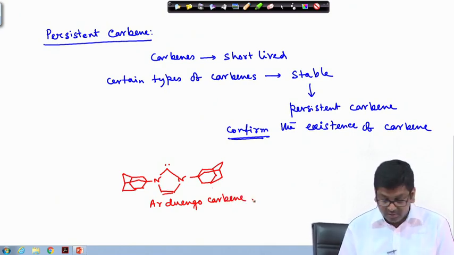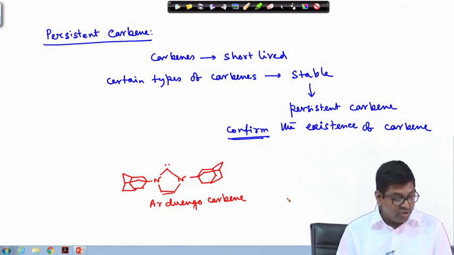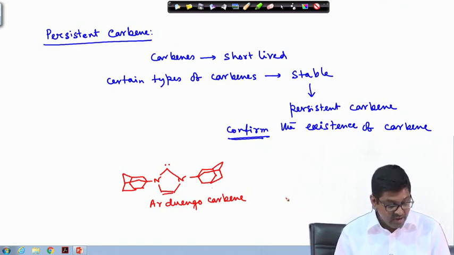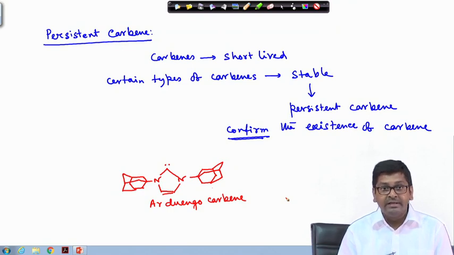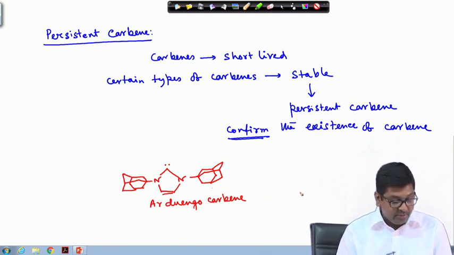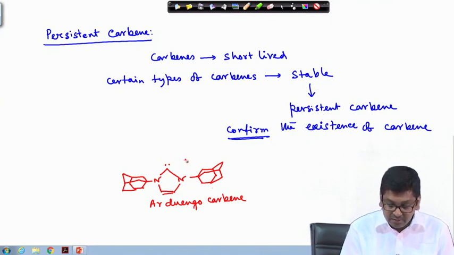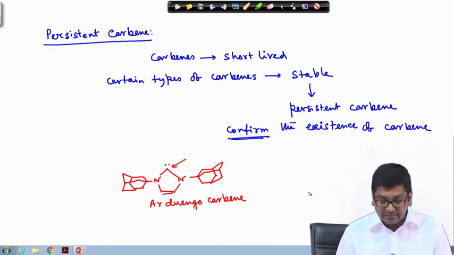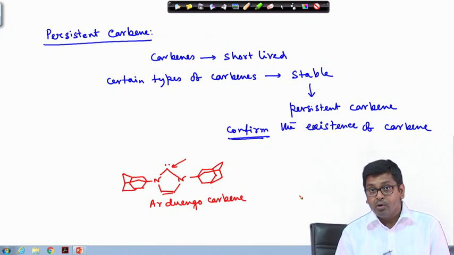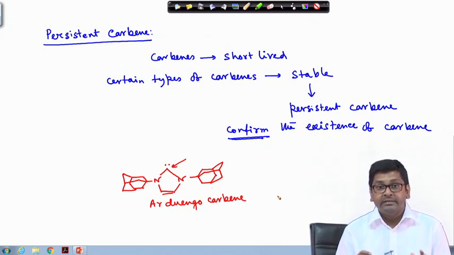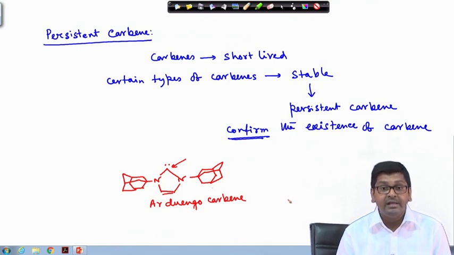In the absence of oxygen and moisture, it exists as a stable and colorless crystal, whereas its melting point is around 240 to 241 degree centigrade and the bond angle is 102 degree at this carbenic carbon. In the 13C NMR spectra, it has been found that this carbenic carbon gives a peak at 211 ppm, which reflects that this carbenic carbon is highly electron deficient.